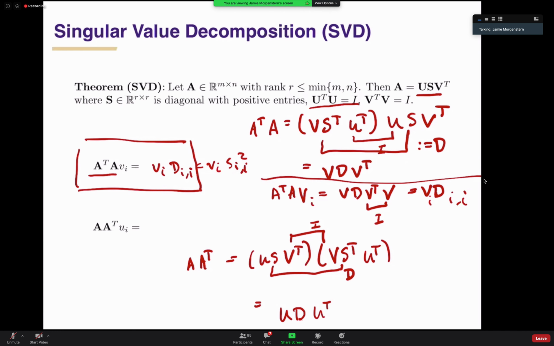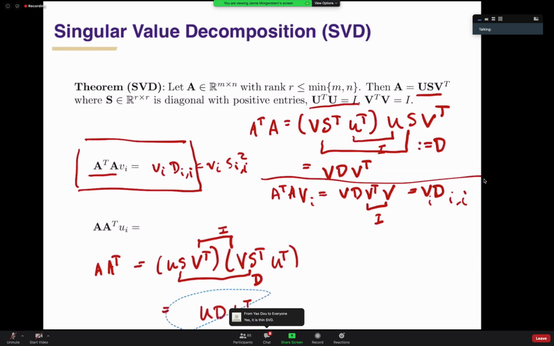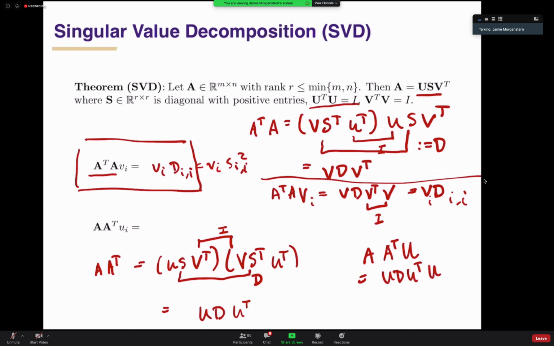So that's cool. What about this other one? We did a very related computation here. If we wanted to compute A times A transpose times U, that's just equal to U D U transpose U. Again, U transpose U is the identity because all of the columns of U are orthonormal.